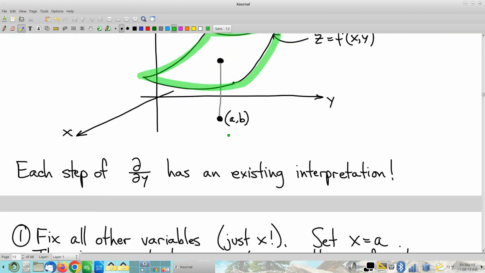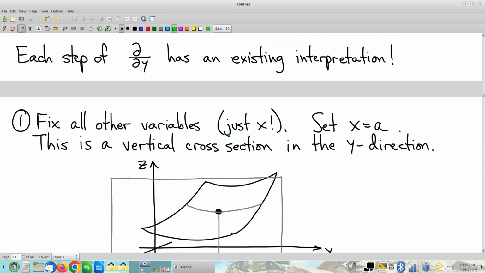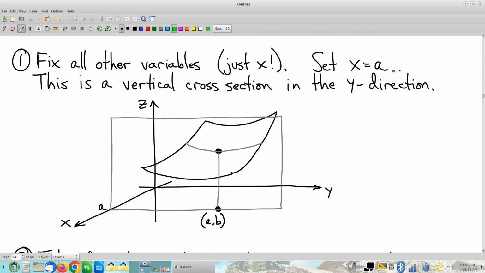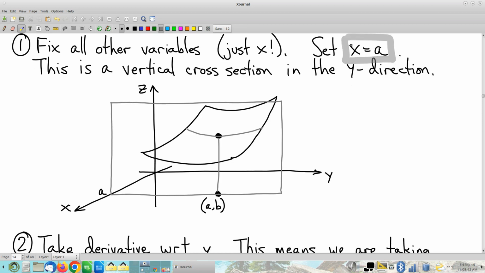The big idea is, if you're taking a partial derivative, there are two steps, and I already know how to interpret each step geometrically. So it's pretty straightforward here. Step one, I'm taking the partial with respect to y. That means x will be a constant for this discussion.